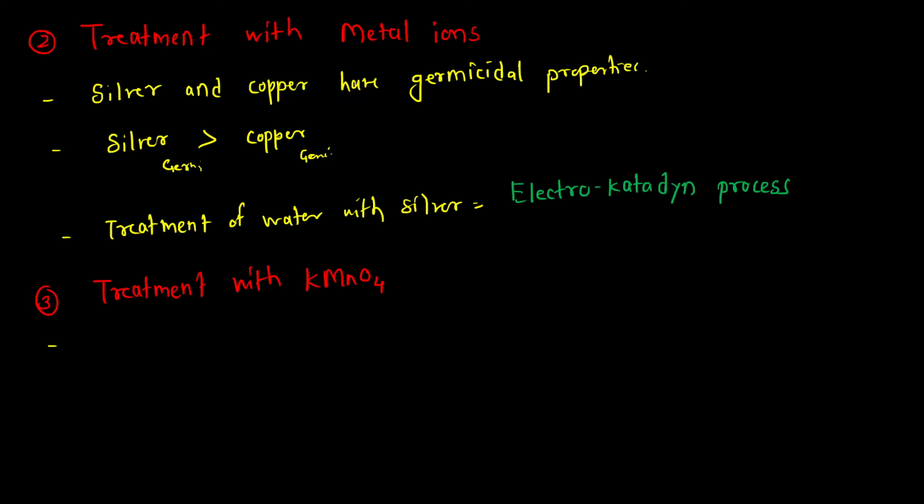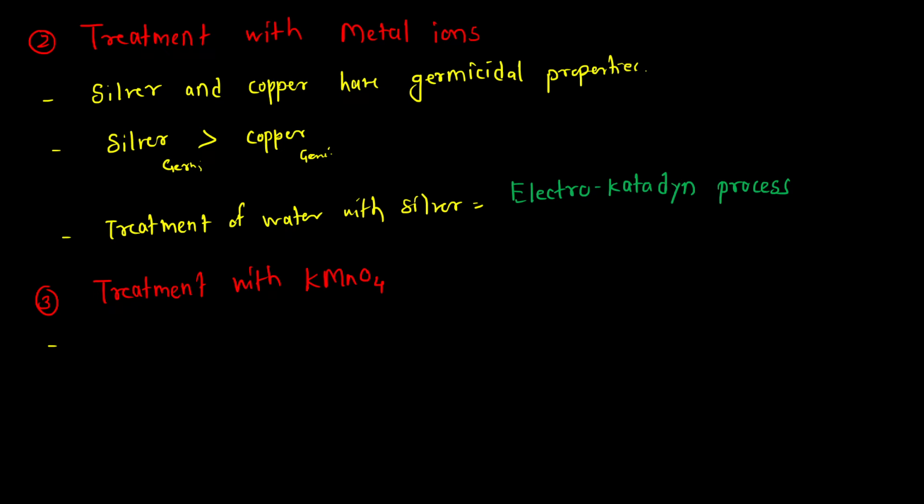The only thing about KMnO4 is that it takes a lot of time to kill the microorganisms, about 24 hours to 48 hours, that is 1 to 2 days for the treatment. As it uses a lot of time, we don't use this in bulk water treatment. However, KMnO4 is widely used in the villages.